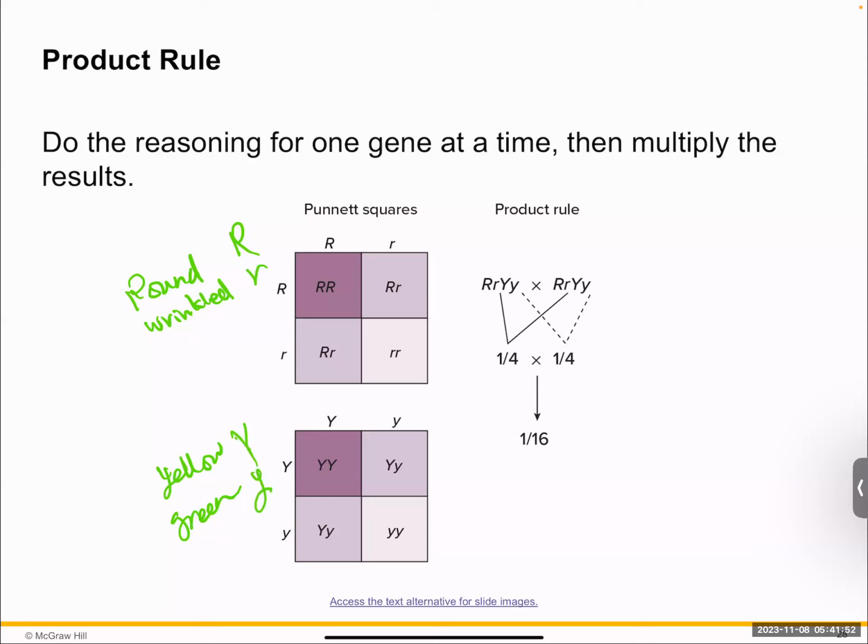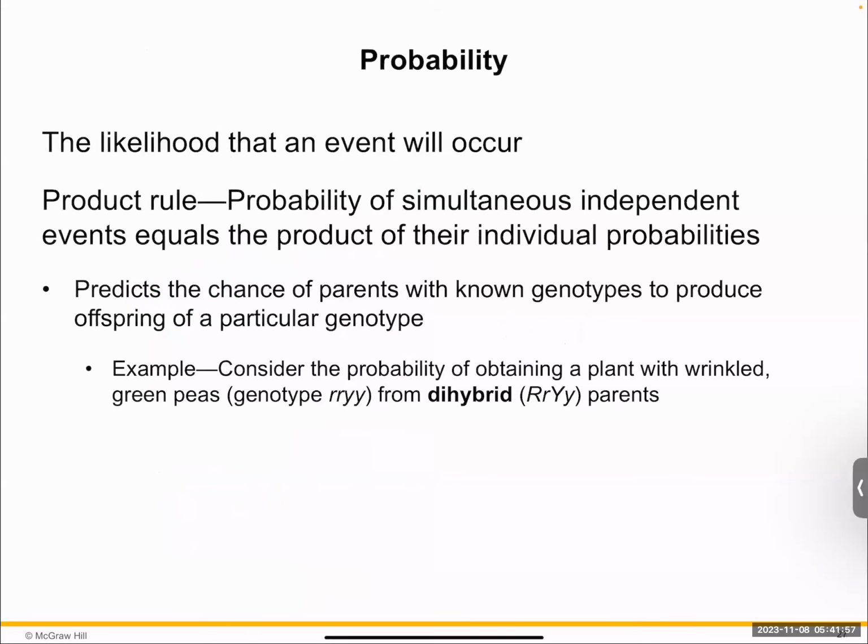So basically, the example that I showed you here says, consider the probability of obtaining a plant with wrinkled green peas. Wrinkled green peas has the genotype lowercase r, lowercase r, homozygous recessive for that, and lowercase y, lowercase y, in a dihybrid cross between heterozygous dominant parents.